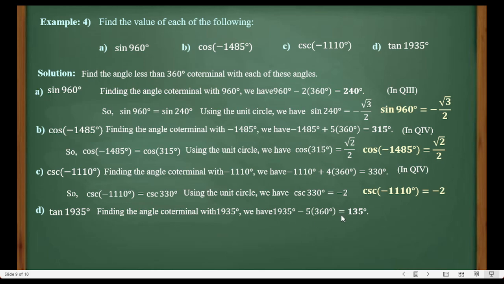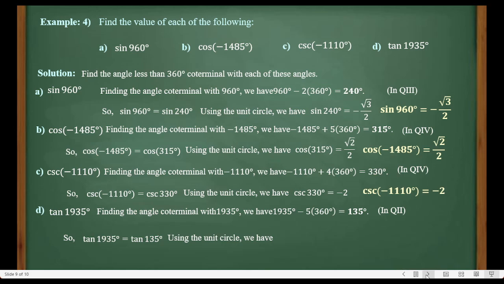And you will get the smallest positive angular measure less than 360 degrees, and that is 135 degrees, which is in quadrant 2. Therefore, tangent of 1935 degrees is equal to tangent of 135 degrees.